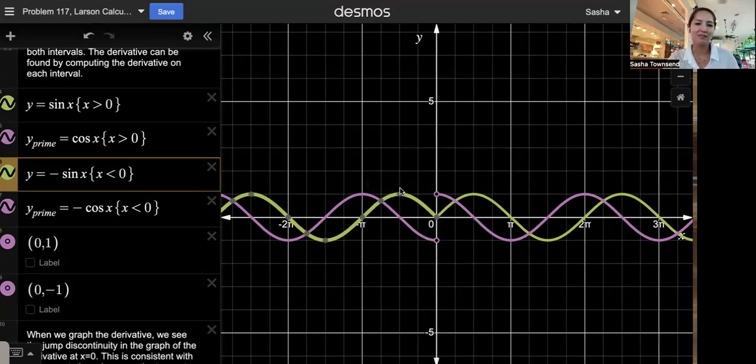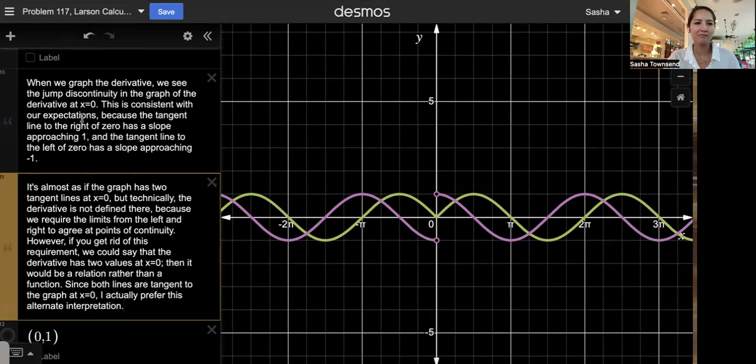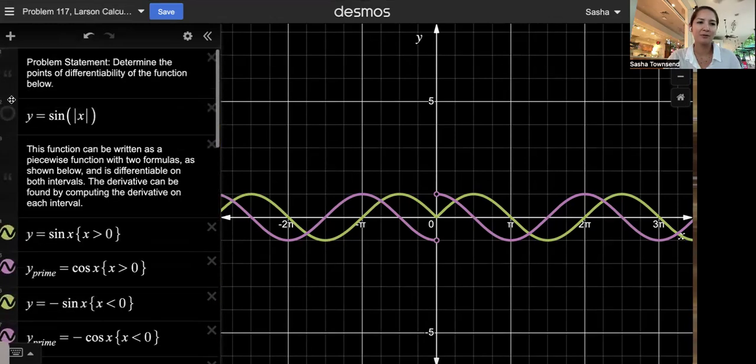And then to the left of 0, our tangent line would be y equals negative x. But usually we don't allow ourselves to have tangent lines at cusps. So because of that, we'd say that the derivative does not exist at x equals 0. And that's just a choice, though. We're making that choice. It's sort of a convention to handle it that way.